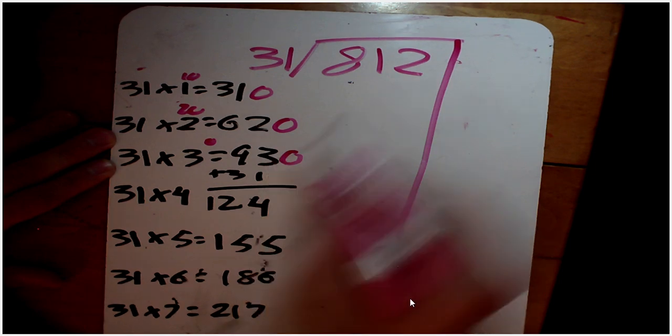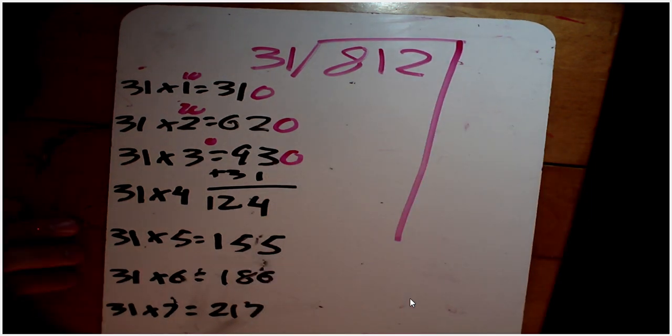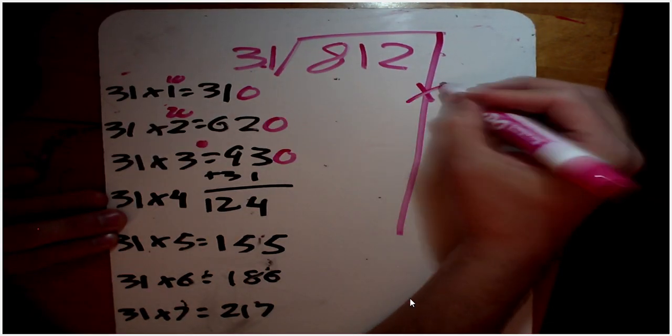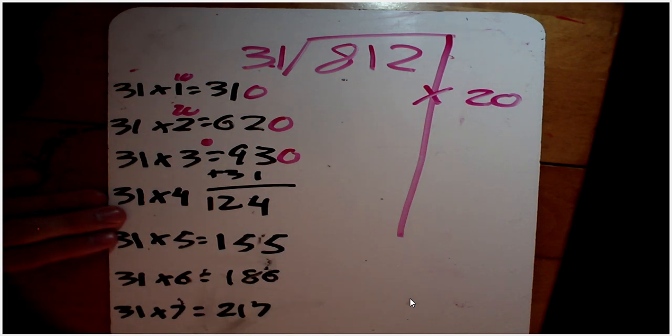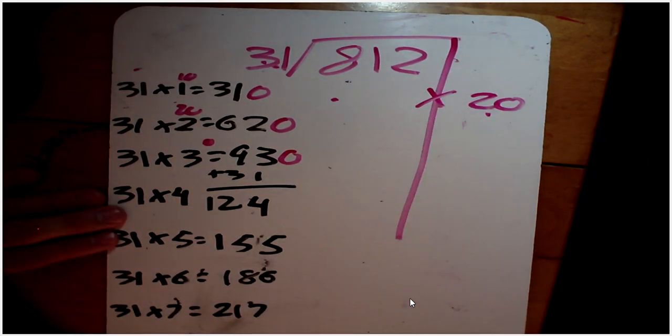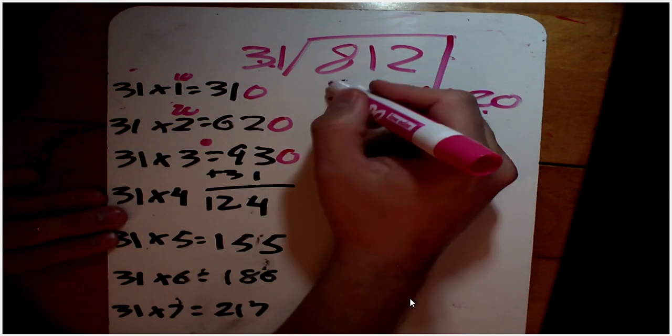I'm already over with 930. So let's go with 31 times 20, and you're going to record your answer right there. 31 times 20 is 620.